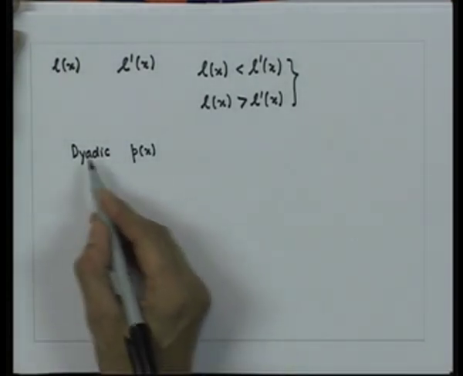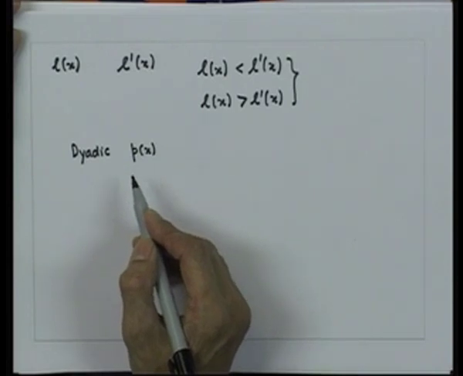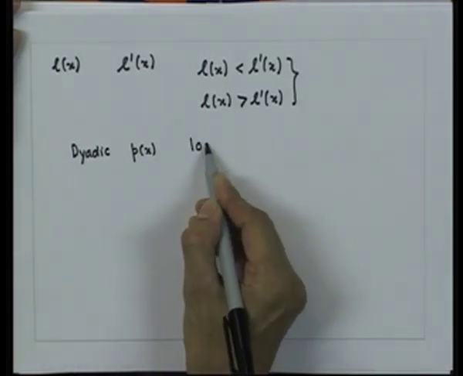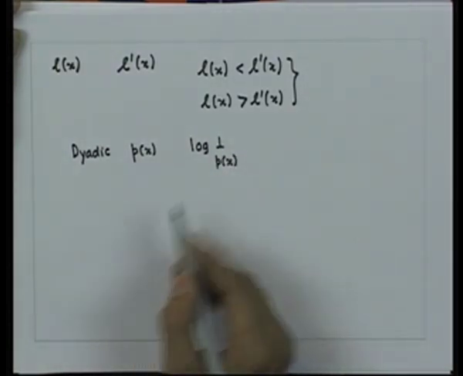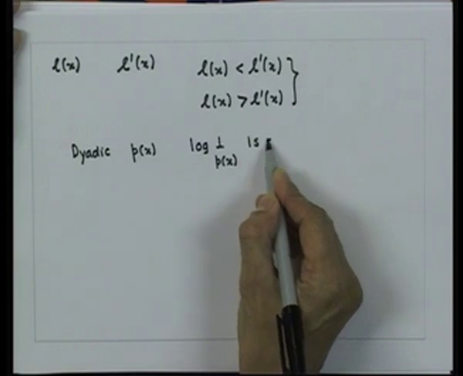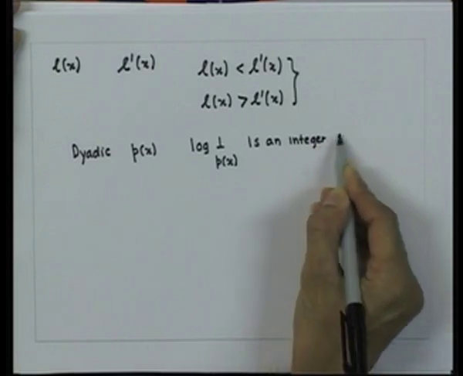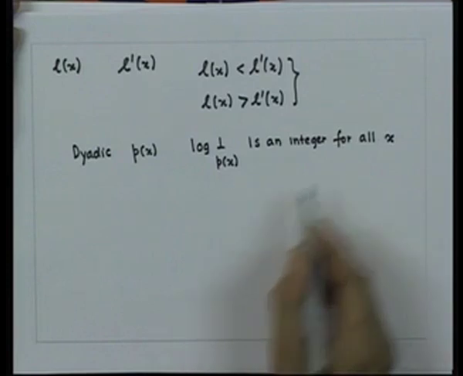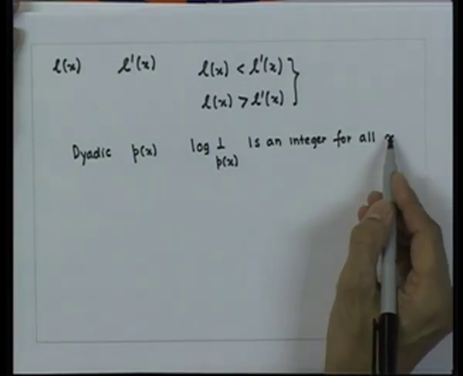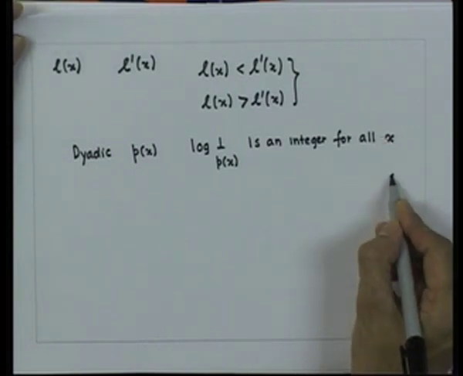A probability mass function p x is dyadic if log of 1 by p x is an integer for all x, where X is discrete and comes from the alphabet.